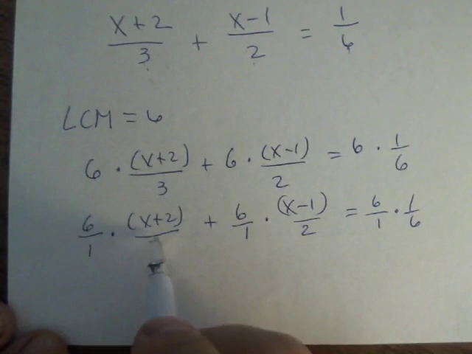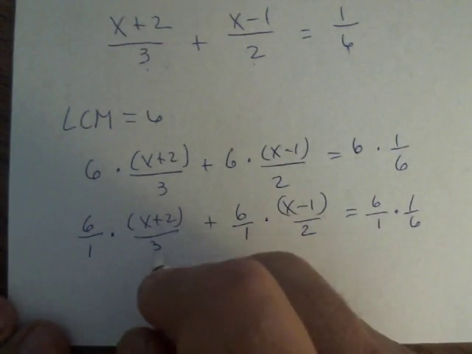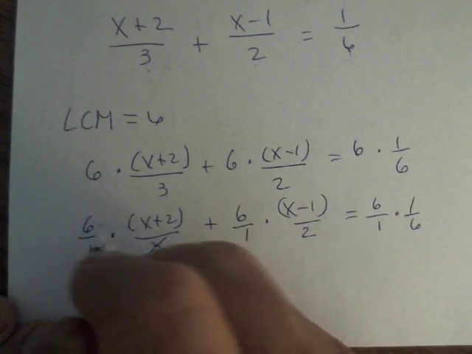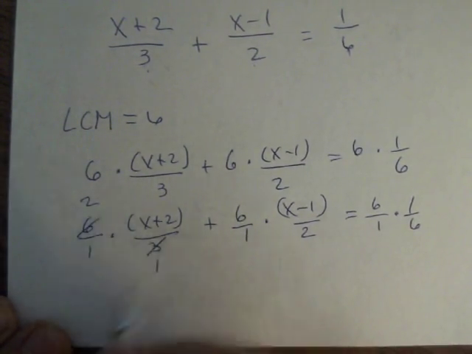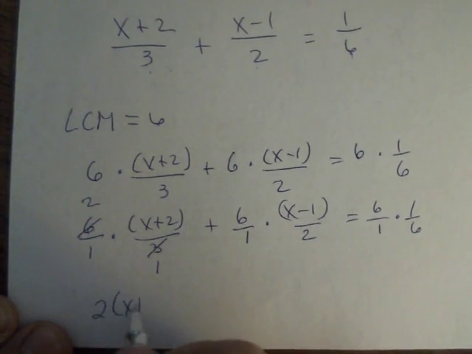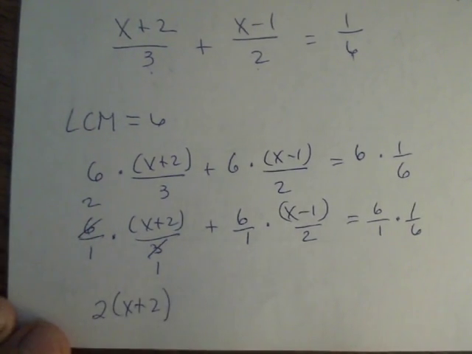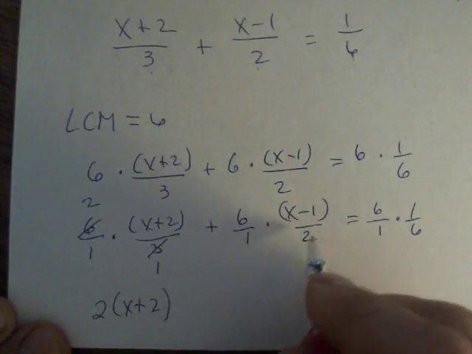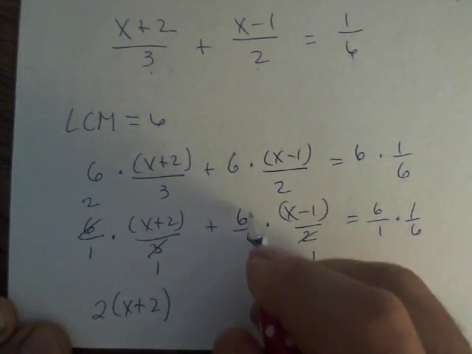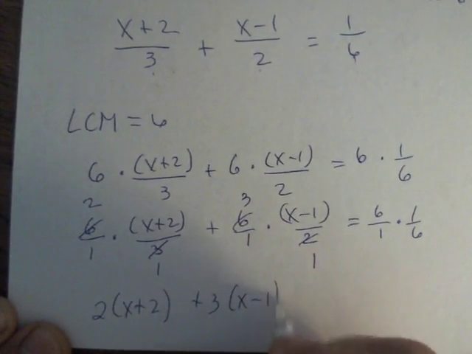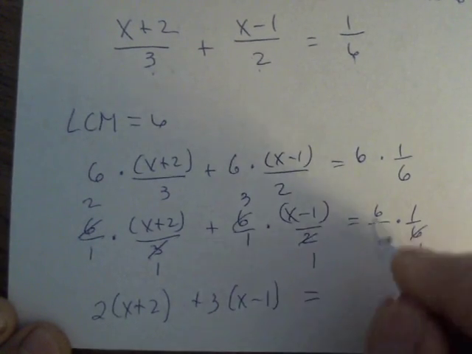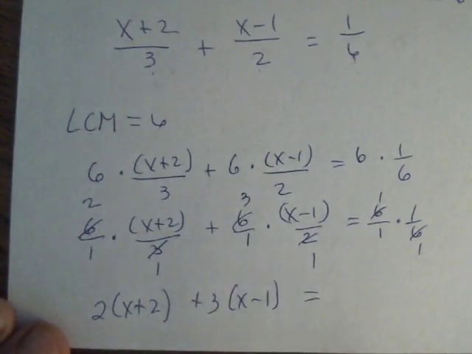Now I execute the division. That's where most people mess up. So remember, I take 3 out of 3, 3 out of 6. What I have left here is 2 times (x + 2). I take 2 out of 2, 2 out of 6 to get 3. 6 out of 6 to get 1, and 6 out of 6 to get 1.